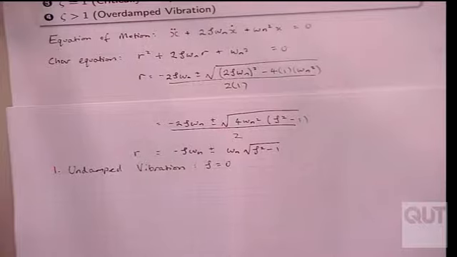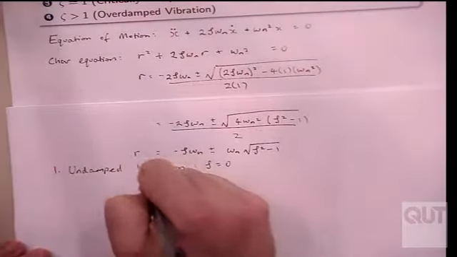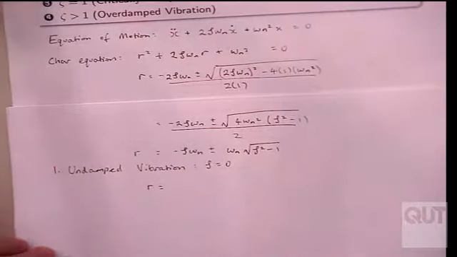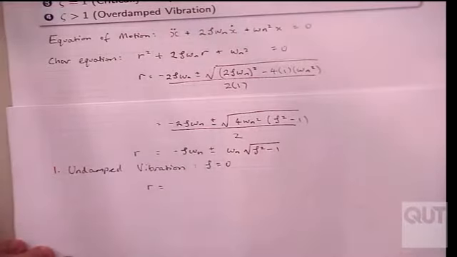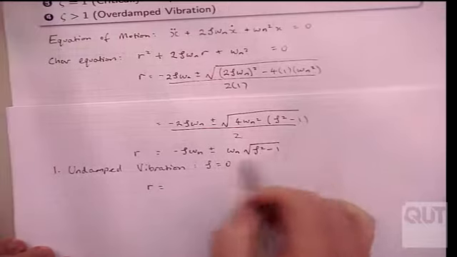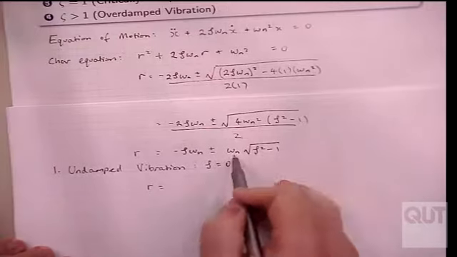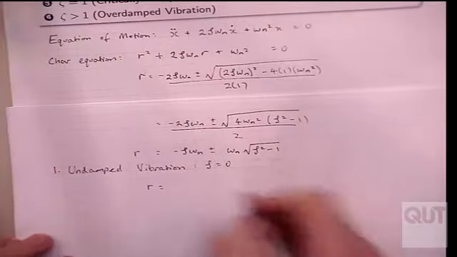So if we see what happens to our roots, given that the damping ratio is 0, the real component of the roots, this bit here on the left, is 0, and this bit on the right just becomes omega n times the square root of negative 1.